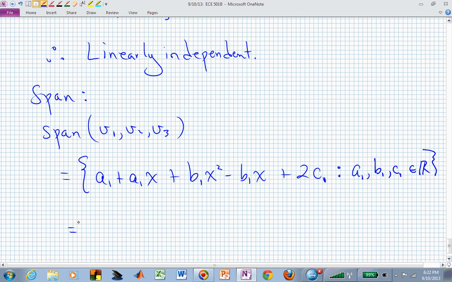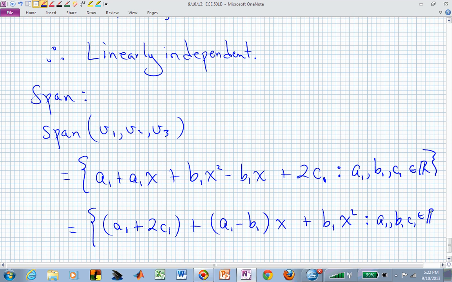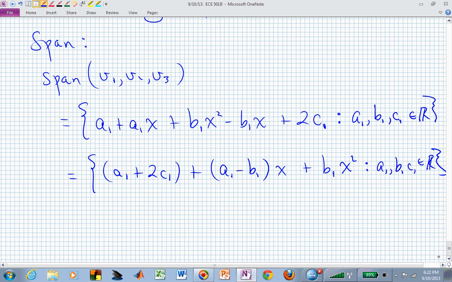And again, if we now start combining like coefficients, we have a1 plus 2c1, plus a1 minus b1 times x, plus b1 x squared, such that a1, b1, c1 are anywhere in the real line.